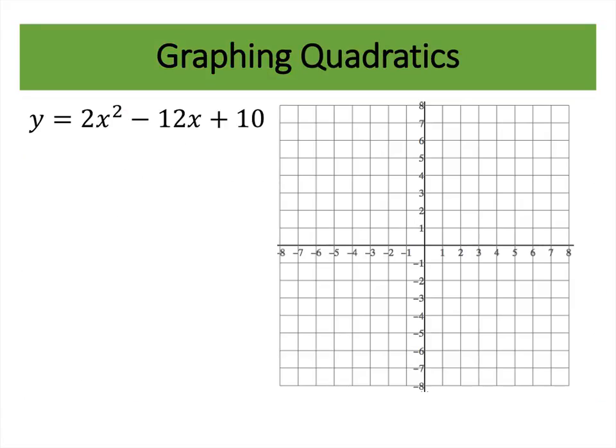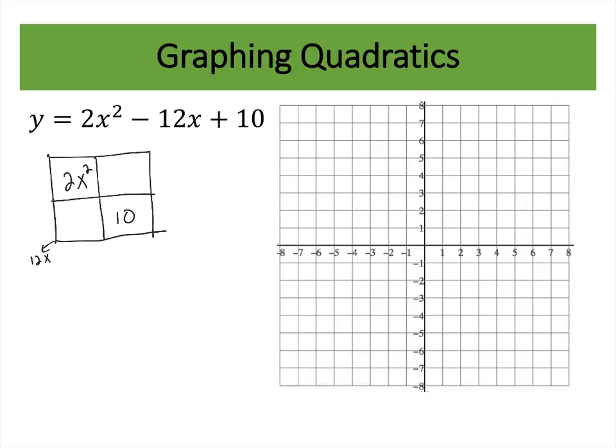So let's start with a somewhat simple problem. I know that there's a common factor, but if we're able to factor, it shouldn't matter how we do it. So the first thing I'm going to do is go ahead and factor this. I've got 2x squared and 10. I know that multiplies to 20x squared, and it needs to add up to negative 12x.